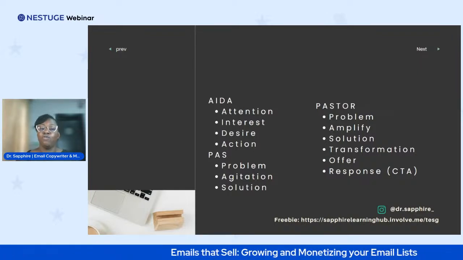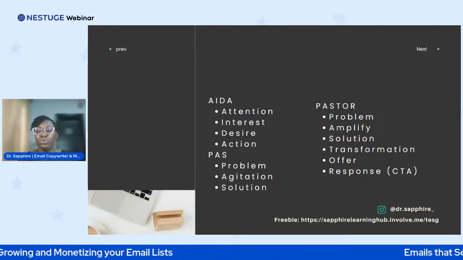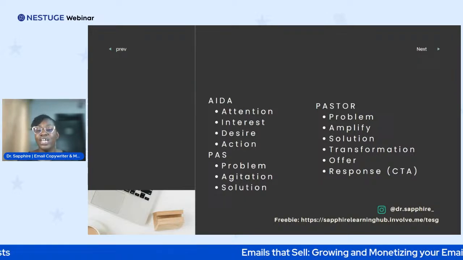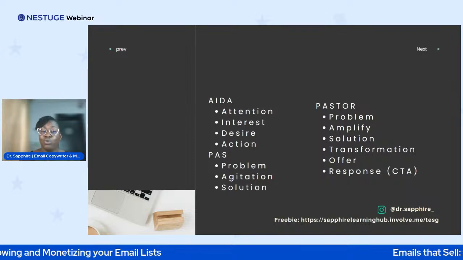Now, I have shown you the parts of an email, so you already know the structure for the email you want to write. You want to mesh that structure with a popular formula, like the AIDA formula. Remember, I said the first few lines of your email are what we call the opening, and it is to get people to start reading. So the AIDA formula says attention.